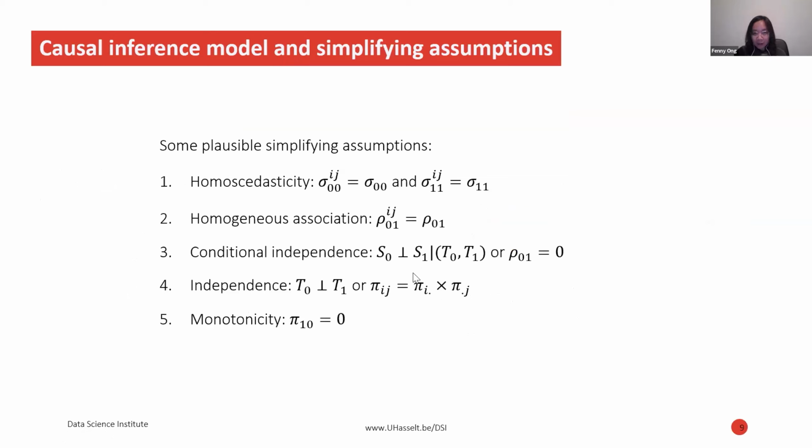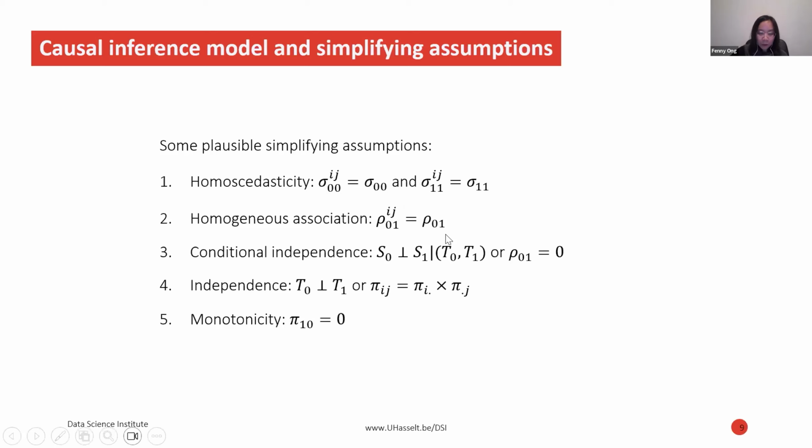A number of simplifying assumptions can be made to reduce this number of parameters to estimate. So for example, homoscedasticity assumption is often made when we fit a Gaussian mixture model to avoid infinite likelihood. And with this assumption, we can actually reduce the parameters from 20 to 14 parameters.